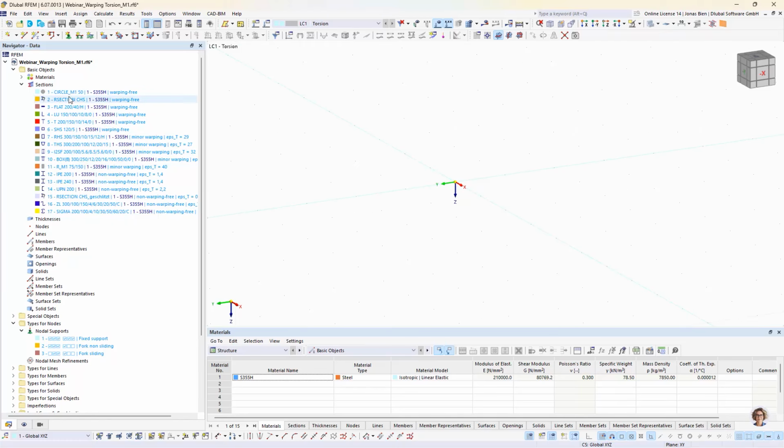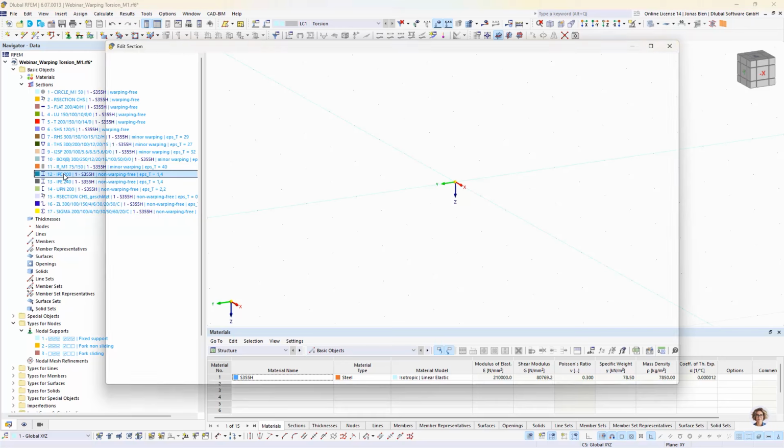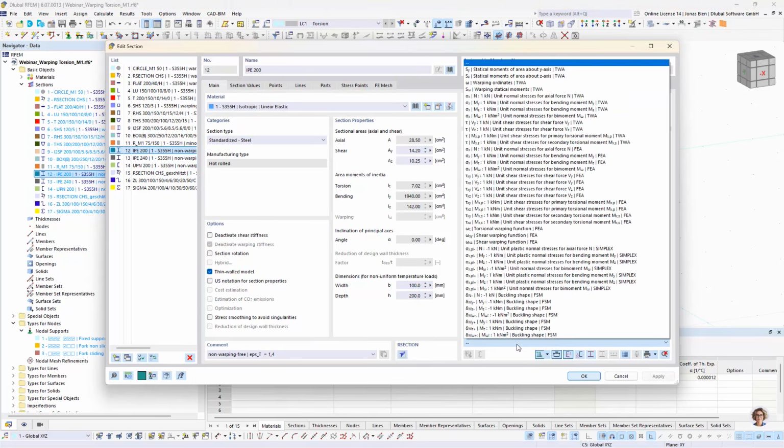I just generated some sections with different properties with regards to bending, warping, but we will come to that later. I just want to show you for now where you can find all those handy stress distribution plots.